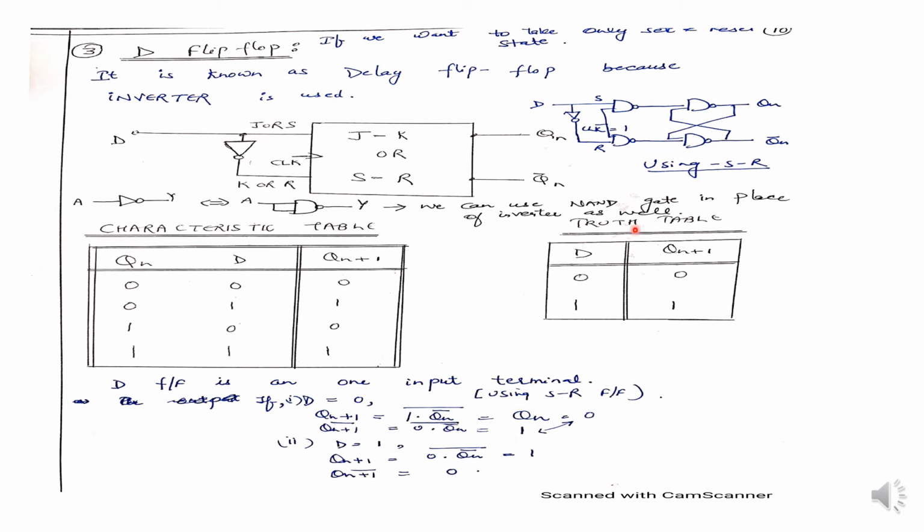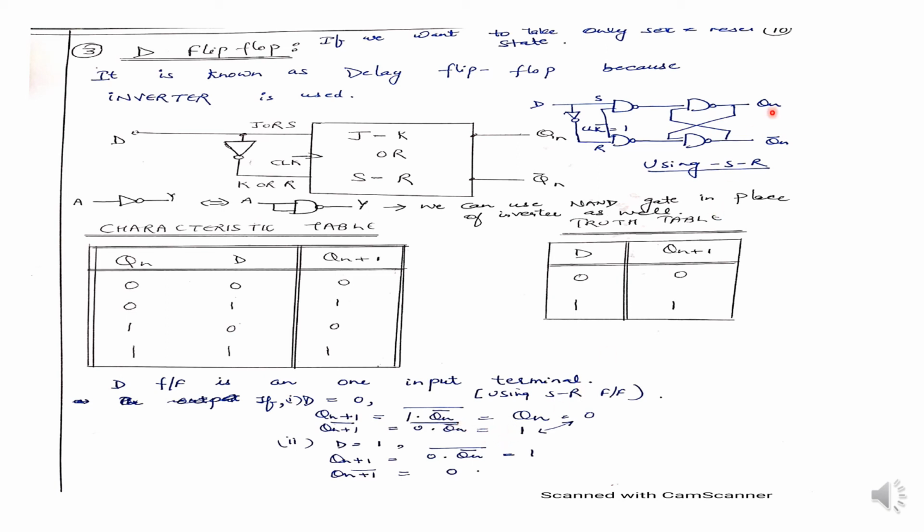Okay, but we are not getting any value here. So we will solve Qn+1 bar. What will be Qn+1 bar? This is 1, this is 1. So basically this is 0 and this Qn is fed back here. So you can see 0 into Qn bar, whole bar. So it will be 1.